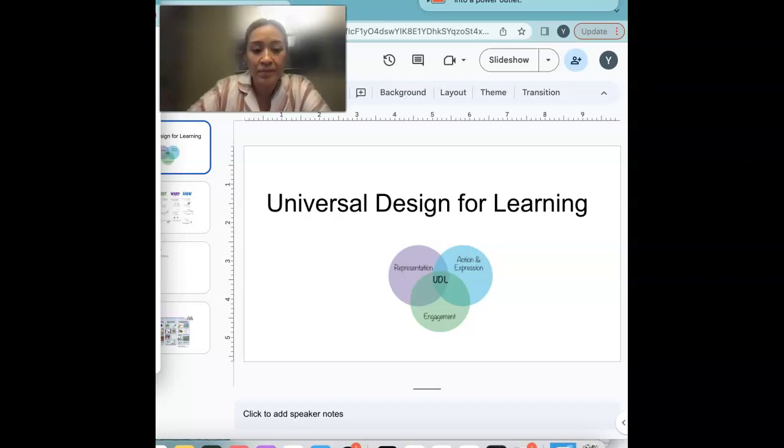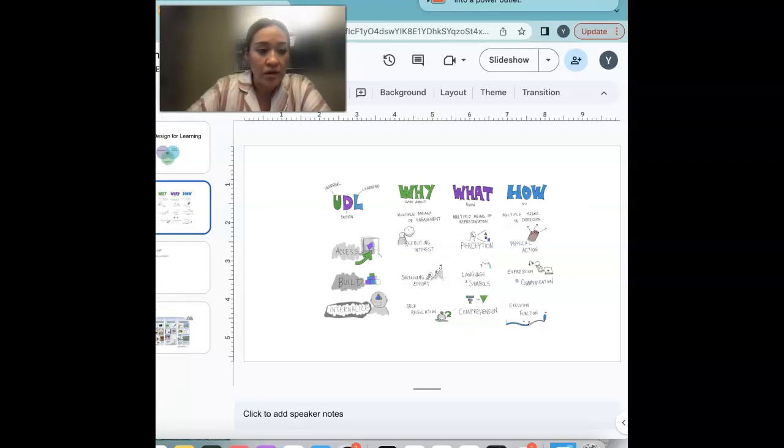It is basically designed to give an equal opportunity for all individuals to be successful learners, especially those students with disabilities or in English language acquisition. UDL aims on the what, why, and how of the learning.